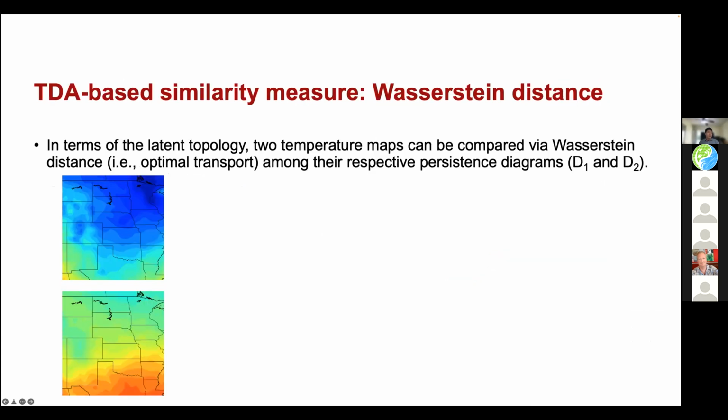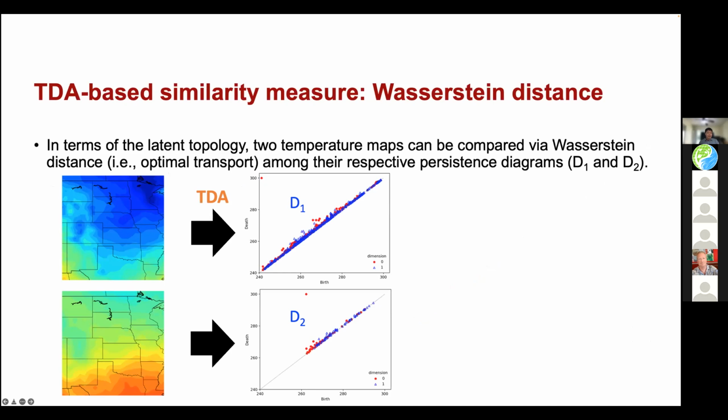So we characterize the shape of these two temperature maps. The top one is the actual observation in February of 2021, and the bottom one is the climatology, the normal temperature, which is expected in February.